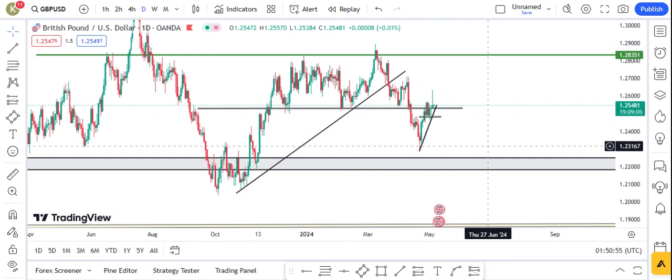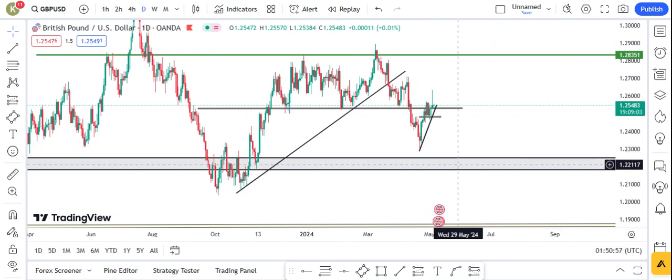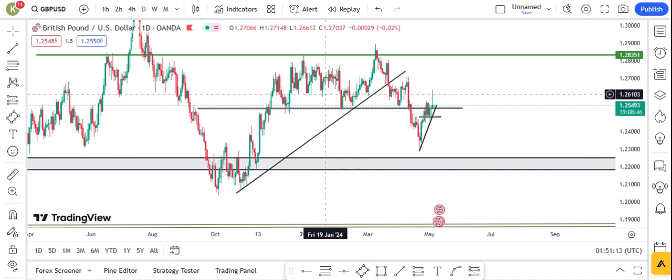But if the market is not ready to move yet, it will at least come to test this support level here. So our target now will be this support level here, this 1.2200 level.